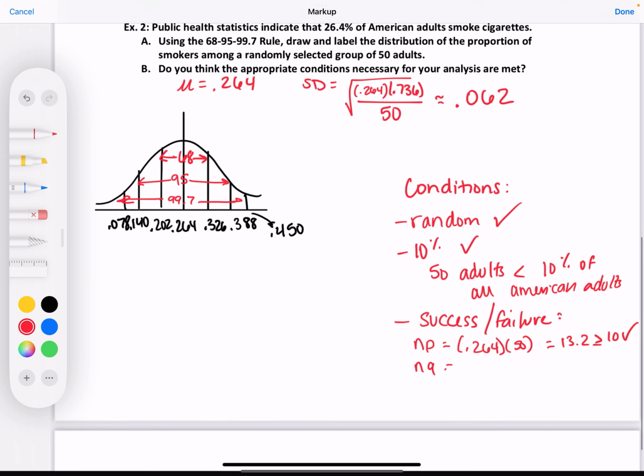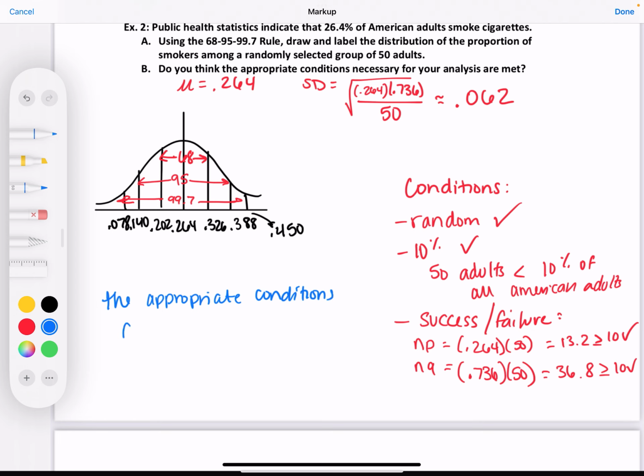Failure, nq, is 0.736 times 50, which is 36.8, greater than or equal to 10. So that one's good. So being that all the appropriate conditions are met, a normal model is appropriate.